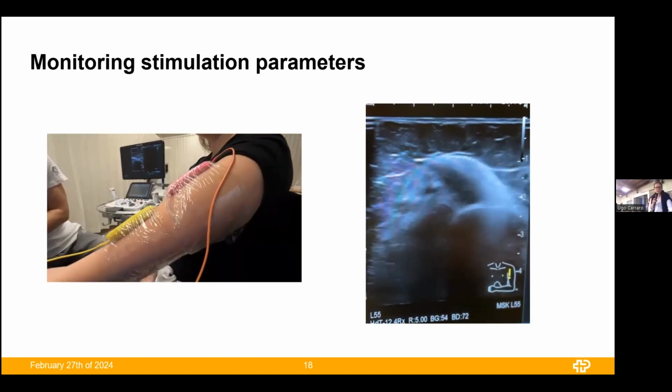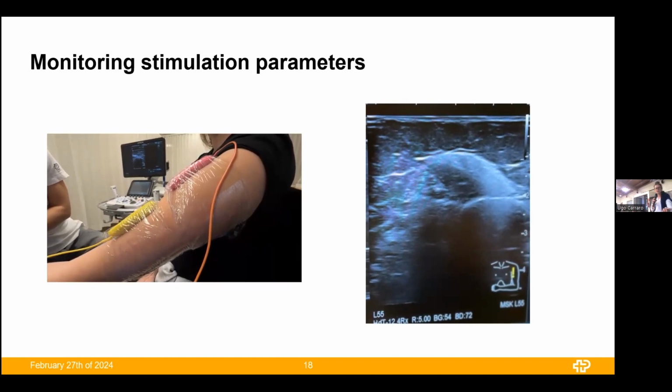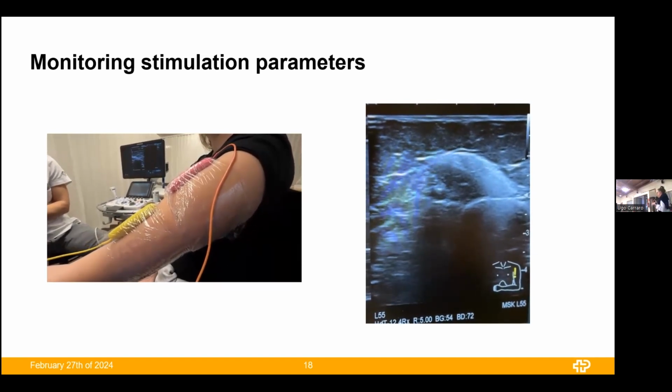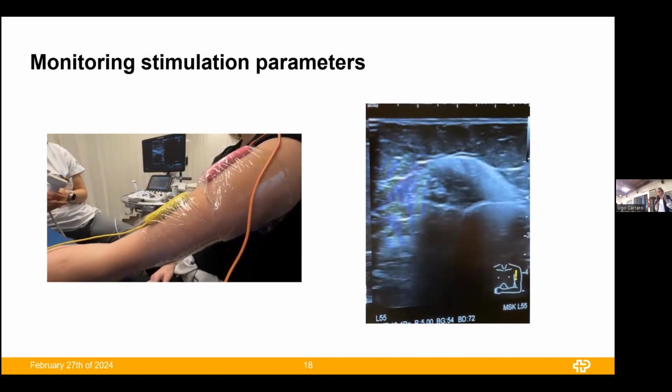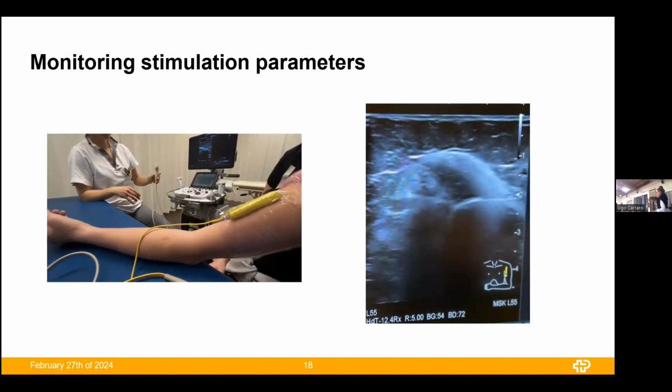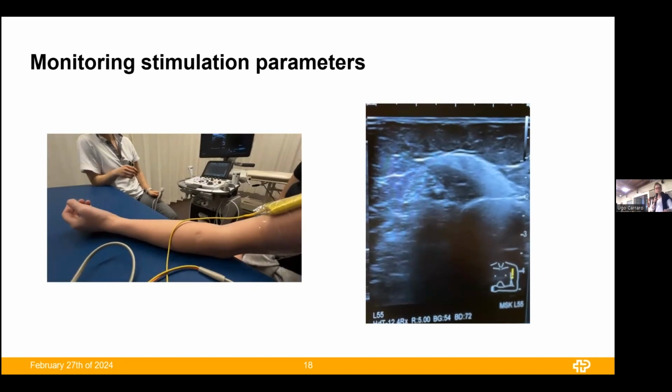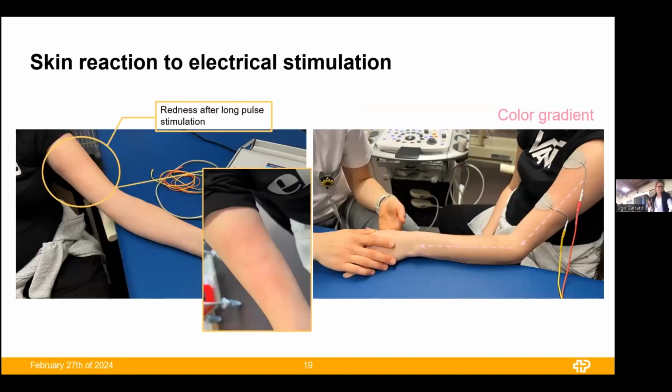And on the right-hand side, it's just to show again that in ultrasound, you can actually monitor that the biceps is not contracting, but it's the triceps on the other side that is actually just pushing the biceps up. We do see skin reactions, so redness of the skin after long pulse stimulation, but also after nerve stimulation.